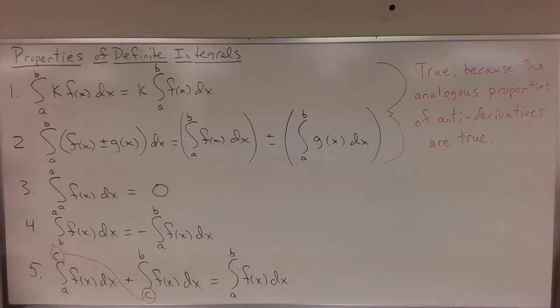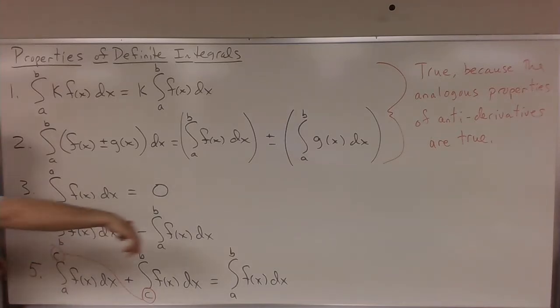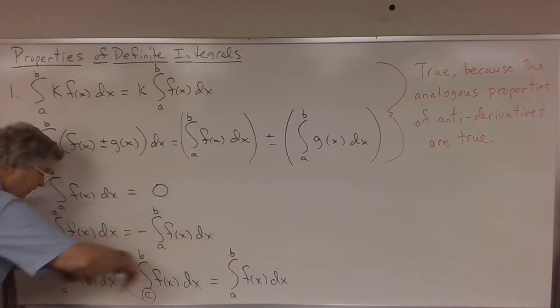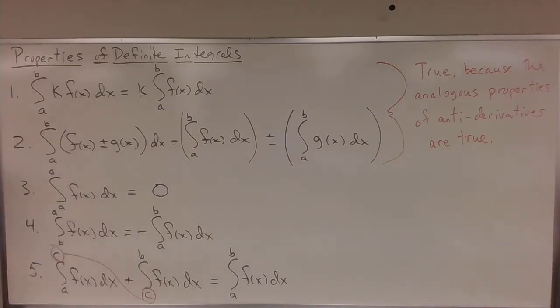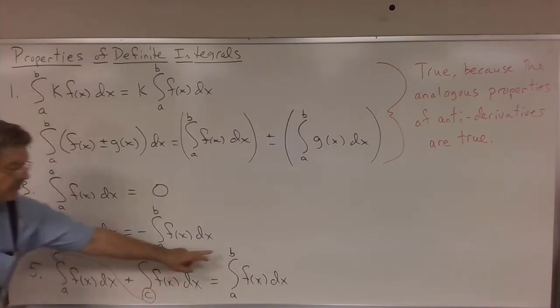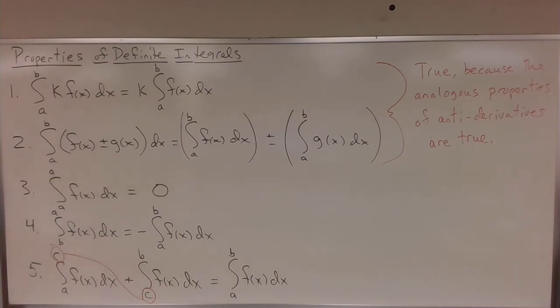When that turns out to be true, this property tells us that essentially we can squeeze this integral together and get a single integral whose lower limit is the lower limit of the first integral, and whose upper limit is the upper limit of the second integral.